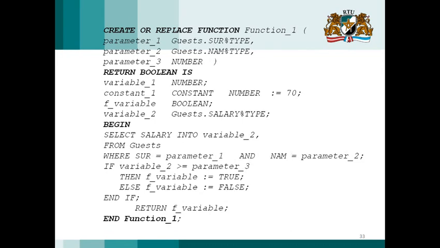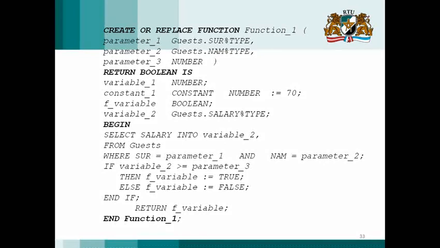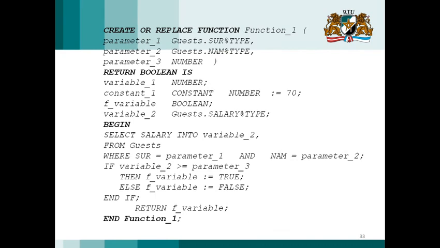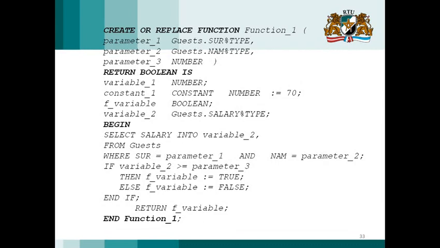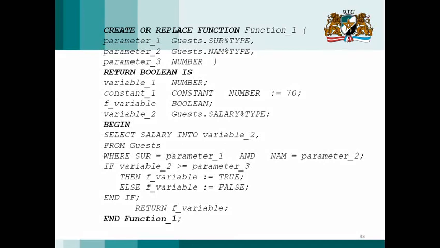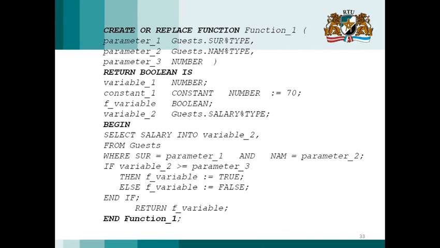And then we make a comparison. If the salary of the particular guest that we have acquired is more or equal to parameter 3, which we have also given in this parameter list, then the function variable is true, else the function variable is false. And then after that we return this function variable and end the function.